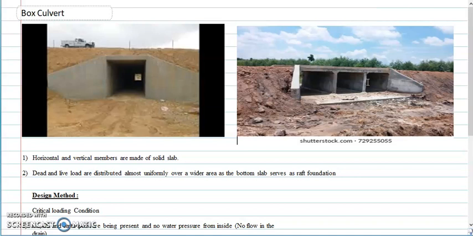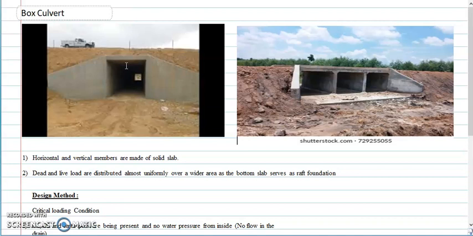Okay. The box is a rigid frame structure and both the horizontal and vertical members are made of solid slab. So there are two vertical members, so two walls, and two slabs, one at the bottom and one at the top. Now these particular structures are symmetrical along x-axis and y-axis.